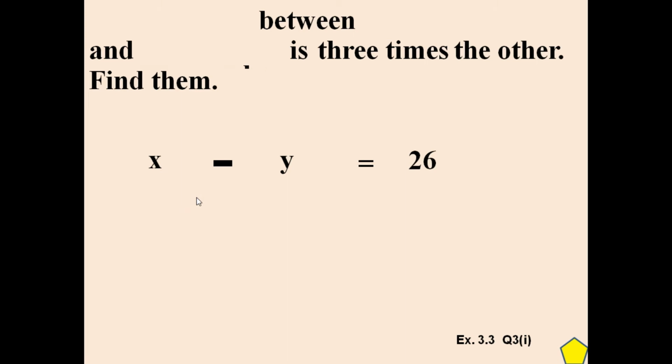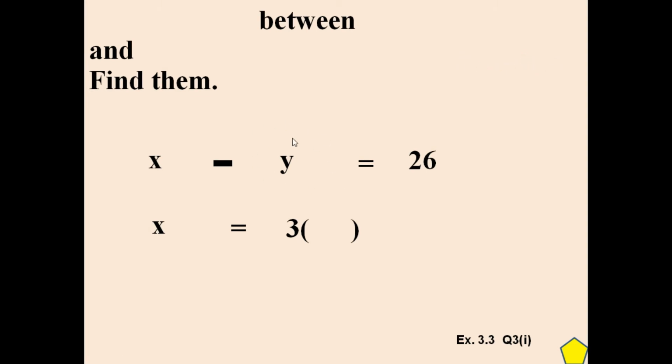So, one number is translated as x, is again translated as equal to. Three times in mathematics is translated as 3 bracket, and the other is y here. And 3 bracket y can be further interpreted as 3y. So this is equation number 1 and this is equation number 2. You may use any of the methods to solve.